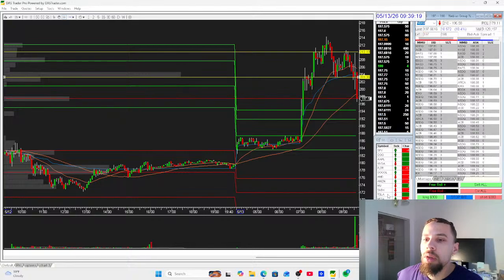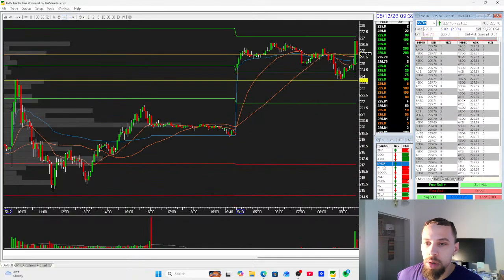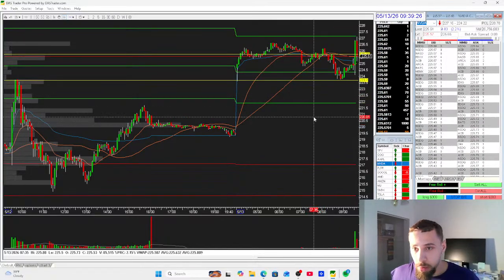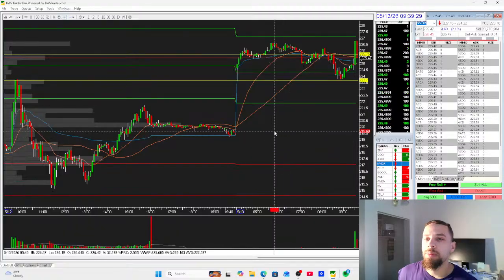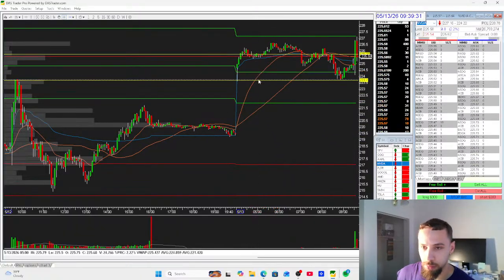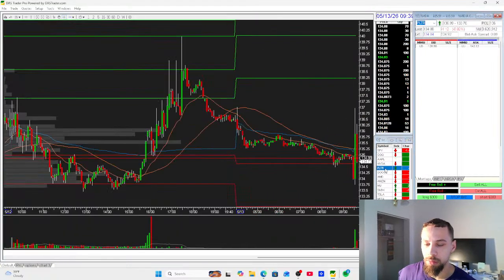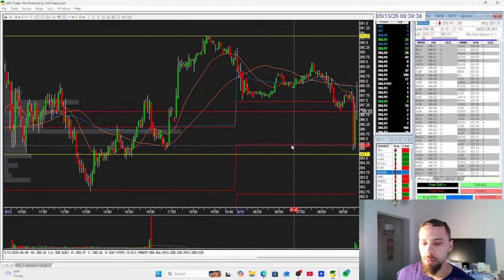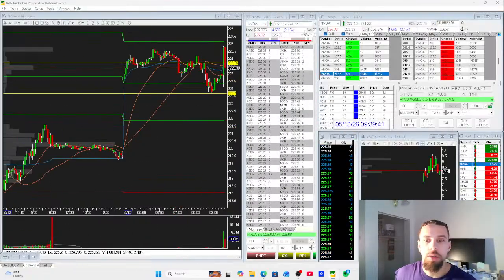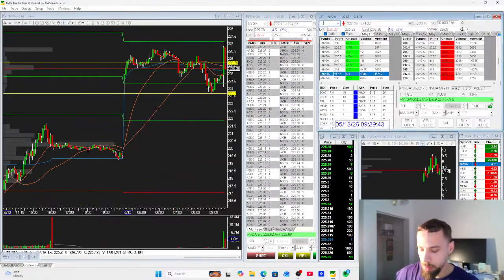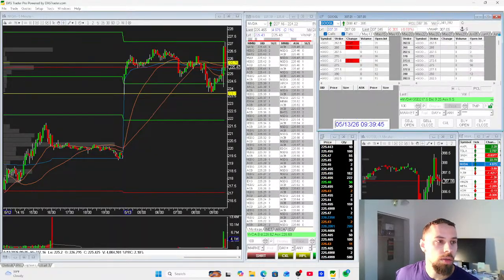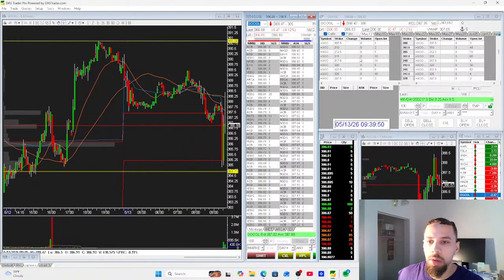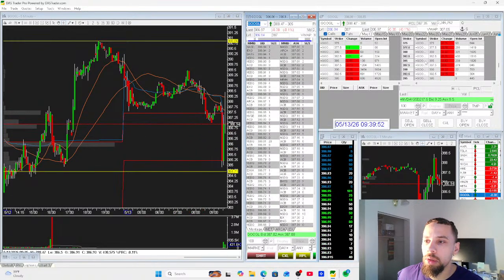NBIS couldn't hold the $200 level. Nvidia pulling back. Yeah, Google's kind of interesting. That price action didn't look the best though. The 5 minute looks interesting.